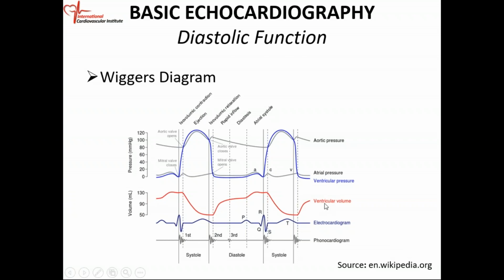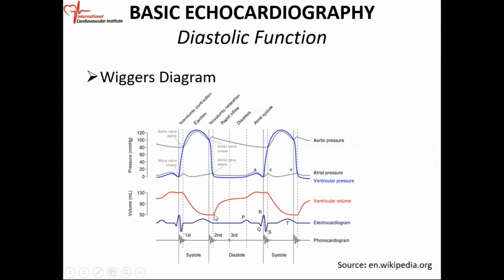The third graph is your ventricular volume, okay? So in systole, the volume in the ventricle is going to decrease, and you can see that depicted here, because when the ventricle contracts, it pumps blood out, so you expect the volume to decrease, okay?